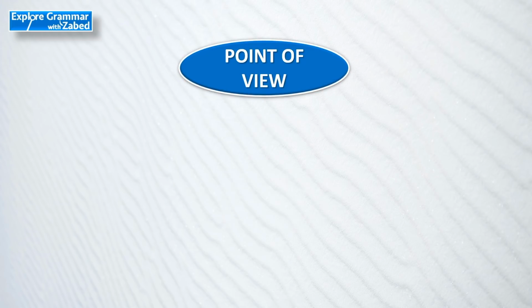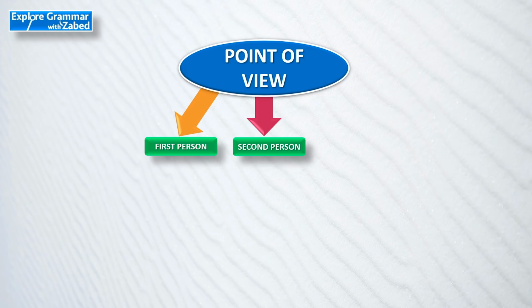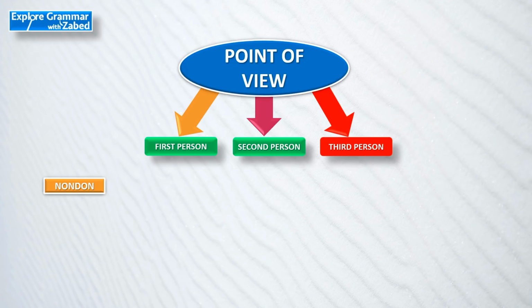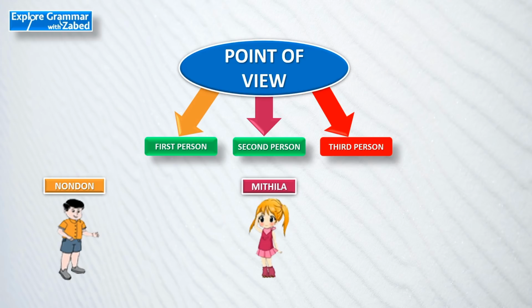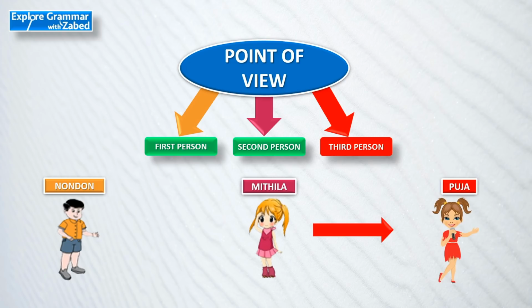Now let's understand what is person. For that, you need to understand point of view. Basically, there are 3 points of view in English grammar: first person, second person and third person. I'm going to make it clear with the help of an example. Suppose Nandan and Mithila are in the room, and Nandan is telling something to Mithila about Pooja, who is not in the room.